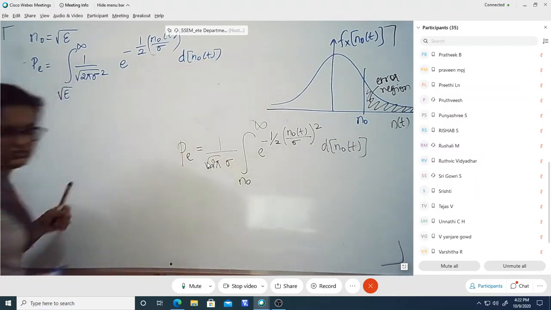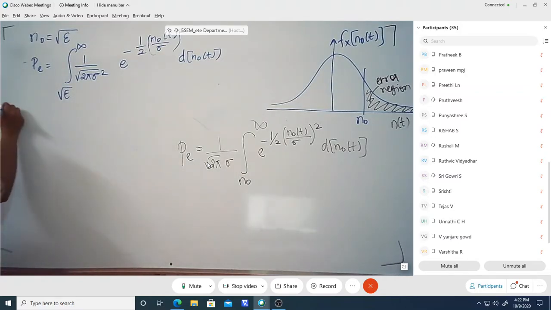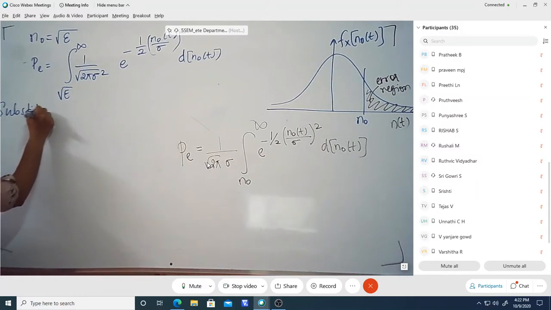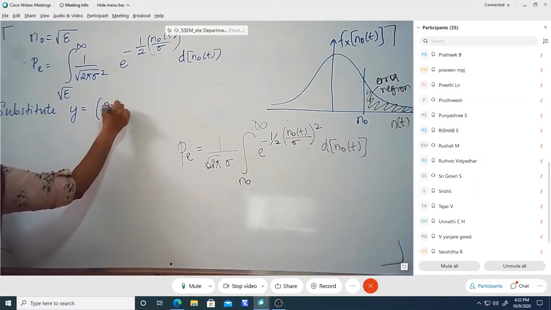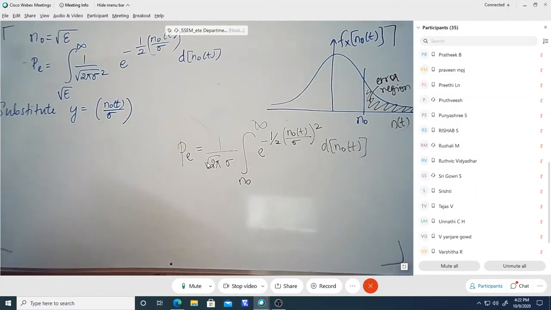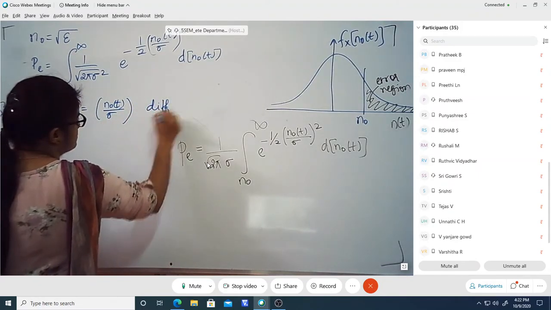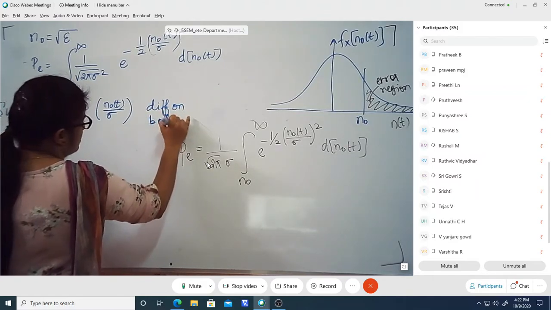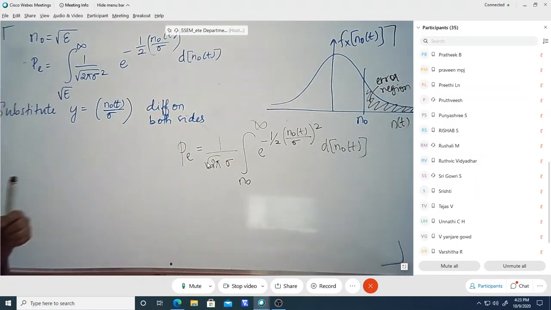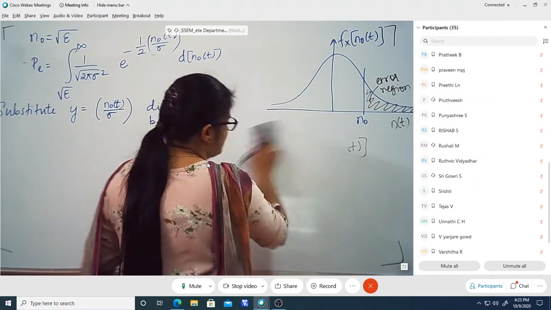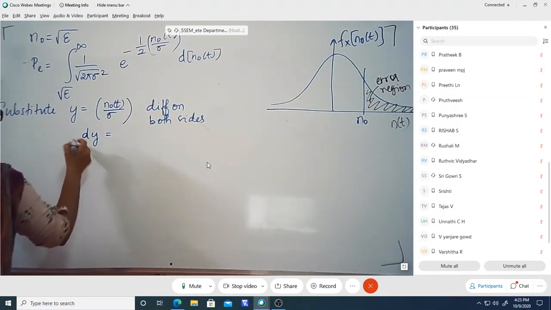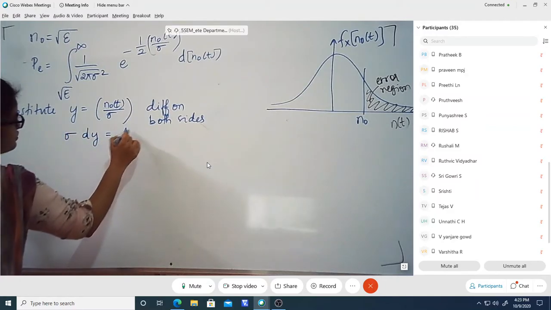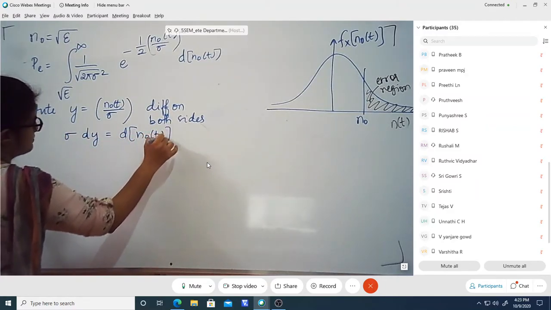We are going to do a simple substitution. Substitute y is equal to n0 of t divided by sigma. Differentiating on both sides, I get sigma into dy is equal to d of n0 of t.